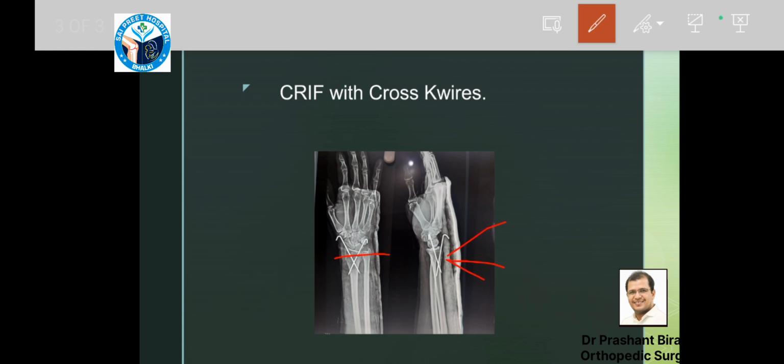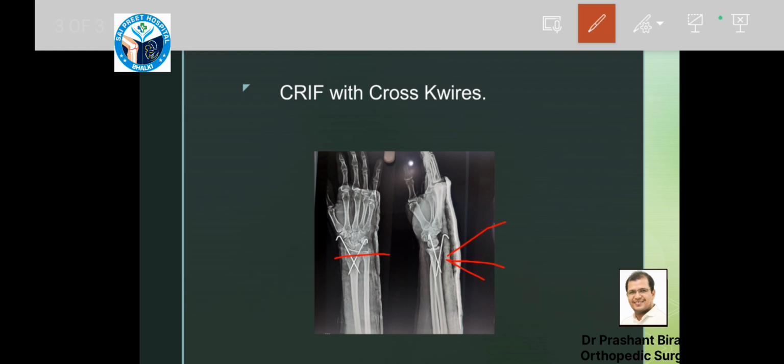During that period the patient won't have that much pain, so he has to do finger movements so that stiffness won't occur and swelling will reduce. Once the plaster and wires are out, the patient has to do physical and strengthening exercises. Within 8 to 10 days the patient will have full range of movements.